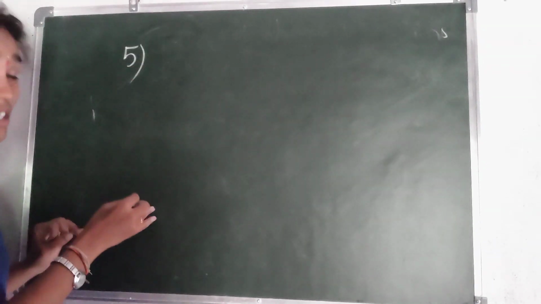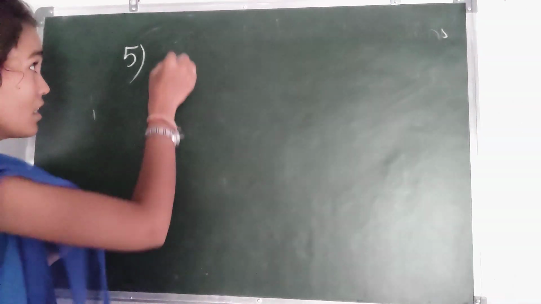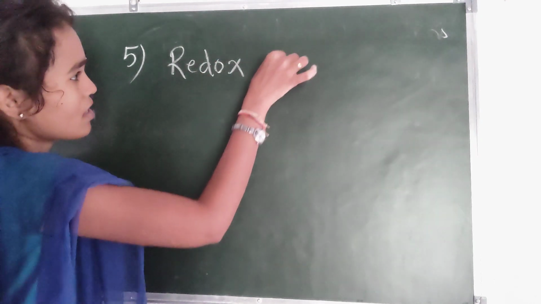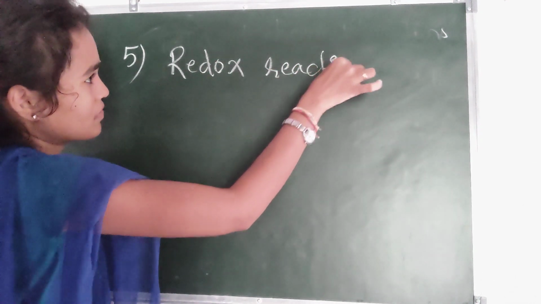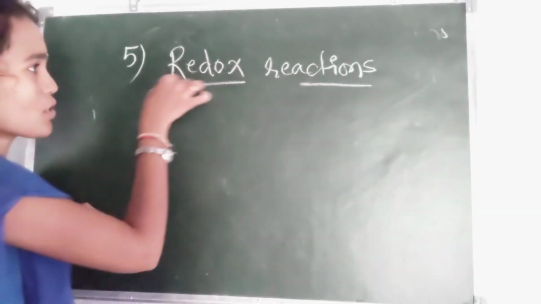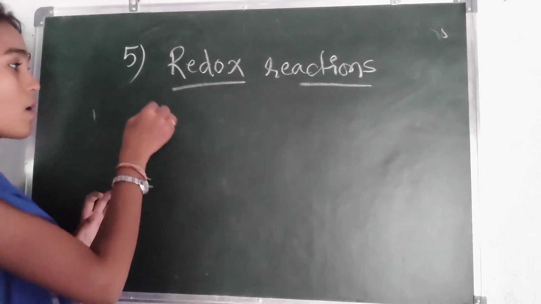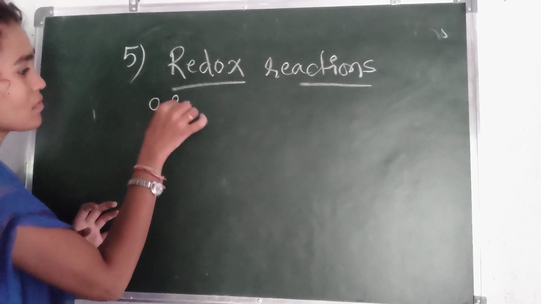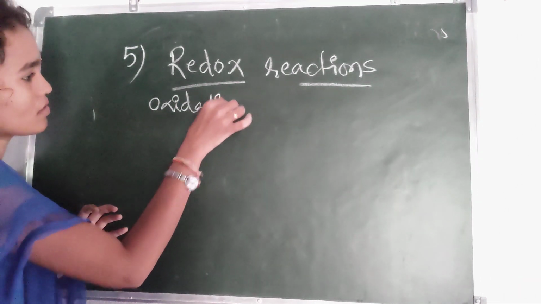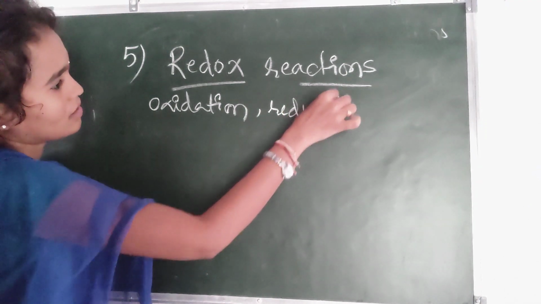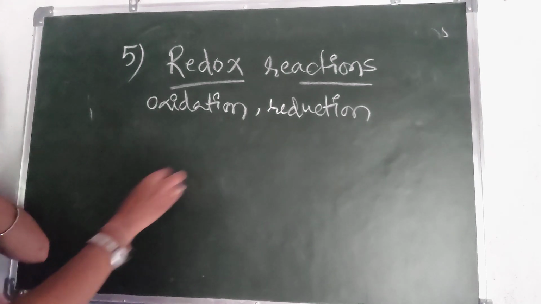Clearly, oxidation we have done, reduction we have done. So redox reaction, the fifth one from the types of chemical reactions. So what is redox reaction? Oxidation together with reduction is called redox reactions.